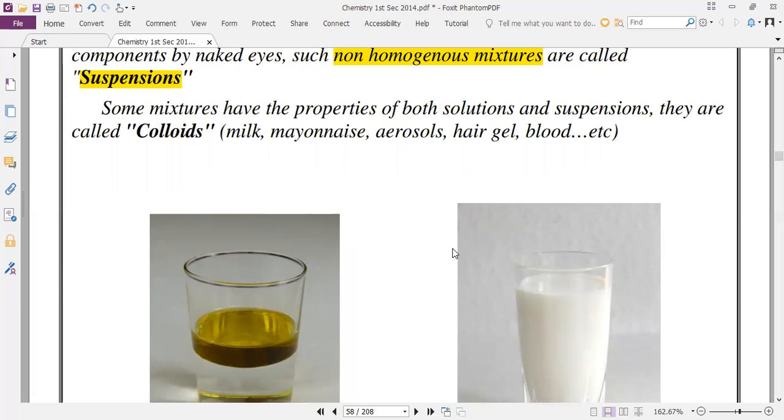So they are called suspensions. So we have solution and suspension. Between solution and suspension, some mixtures have the properties of both, so they are called colloids, such as milk, mayonnaise, aerosols, hair gel, blood.